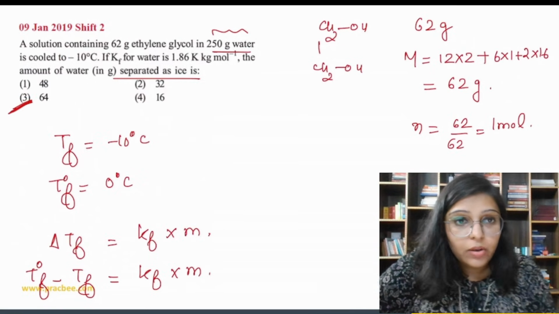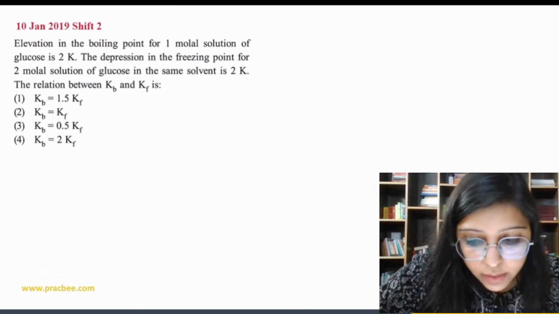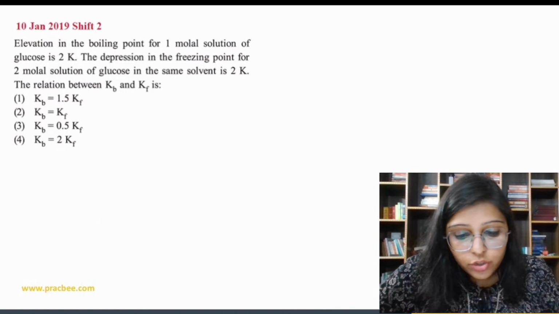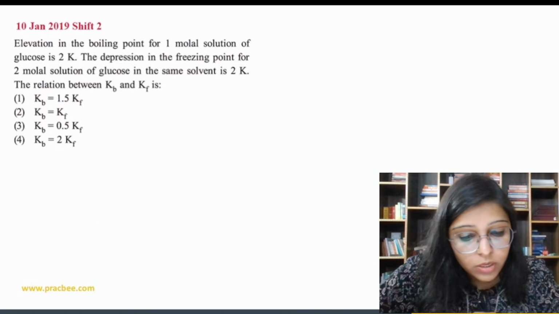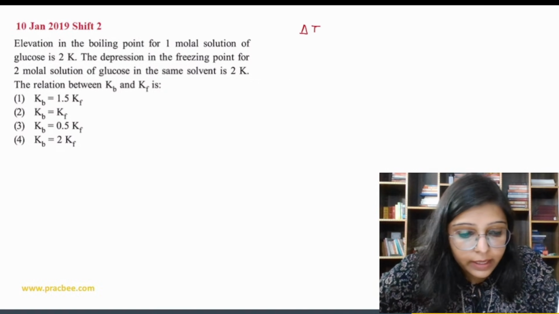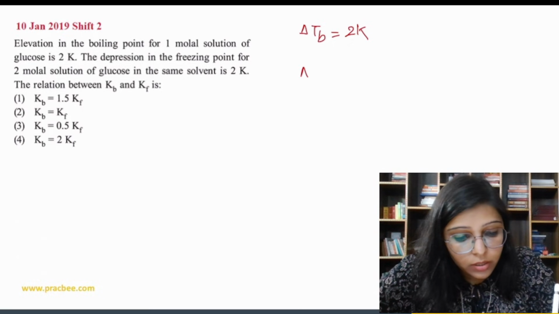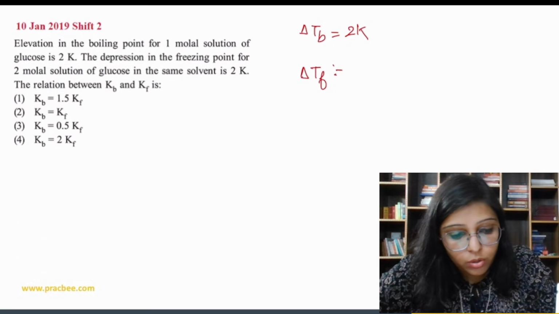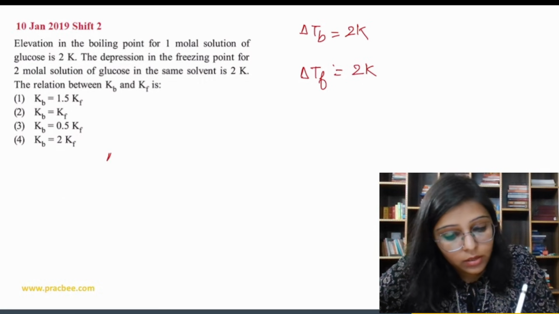Okay. Now let's do the next question. The next question says elevation in the boiling point for 1 molar solution of glucose is 2 Kelvin. So delta TB is 2 Kelvin and depression in freezing point is also 2 Kelvin. Okay, fine. So delta TB is equal to delta TF.